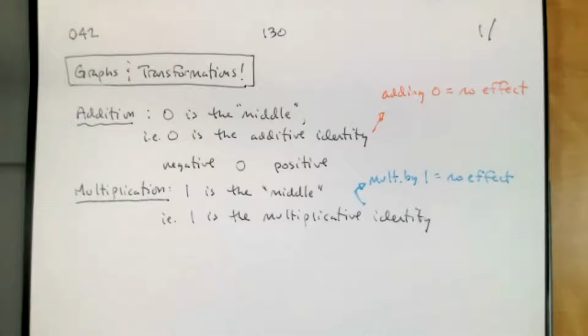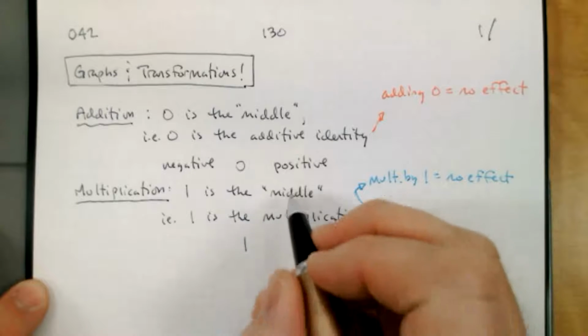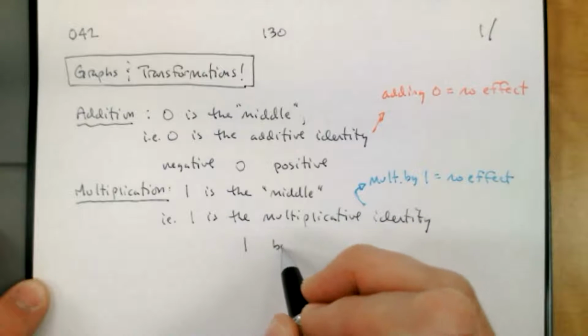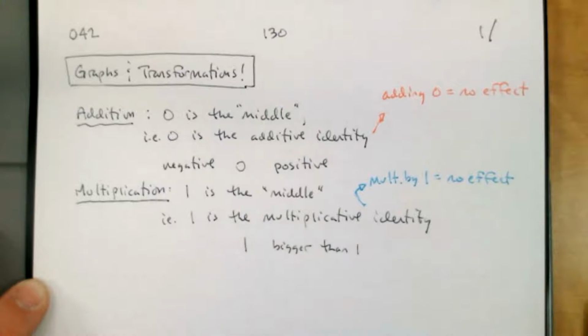So since 1 is in the middle, we've got the two sides of 1. One side makes things bigger, one side makes things smaller. If we multiply by something bigger than 1, things get bigger. If something increases by 12%, we multiply by 1.12. So in the middle is 1. If we multiply by something bigger than 1, we see an increase.